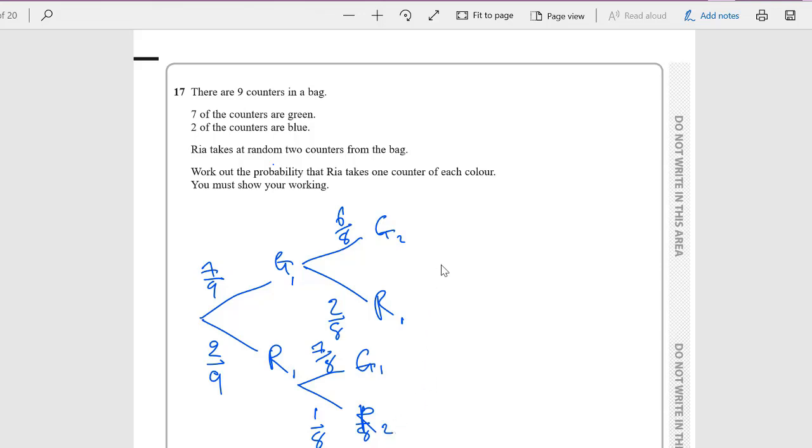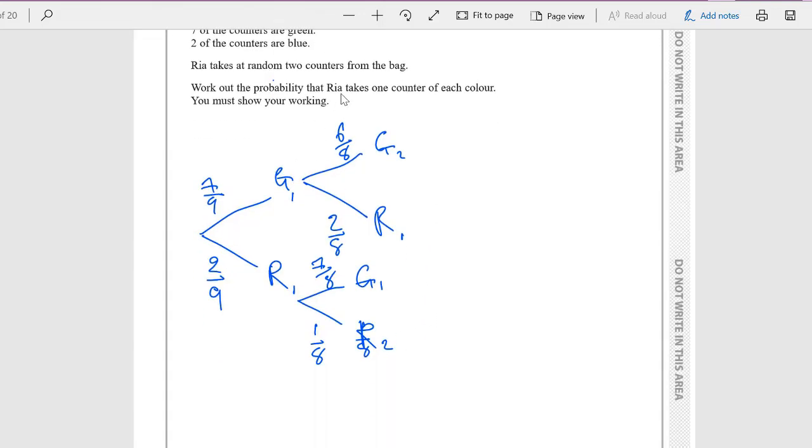Right, so it says work out the probability that Ria takes one counter of each color, you must show your working out. So if she takes out a green and then a red, that's 7 over 9 times 2 over 8, which gives us 14 over 72.